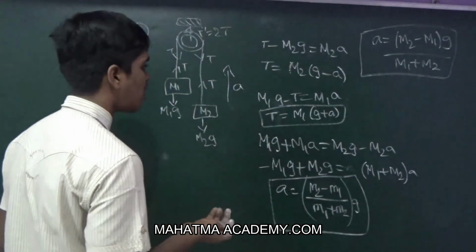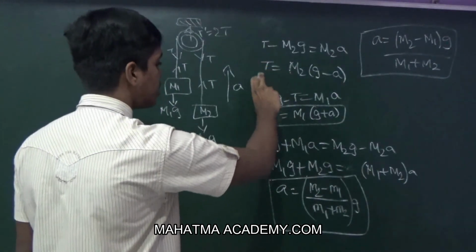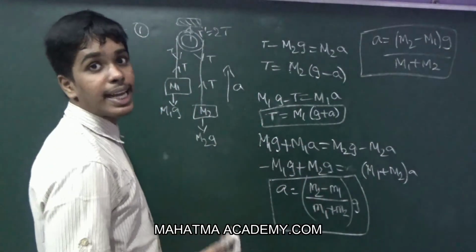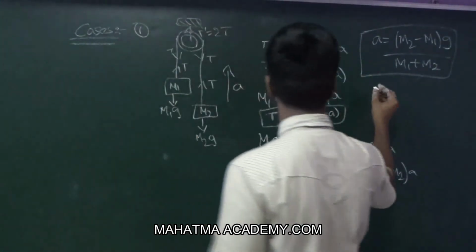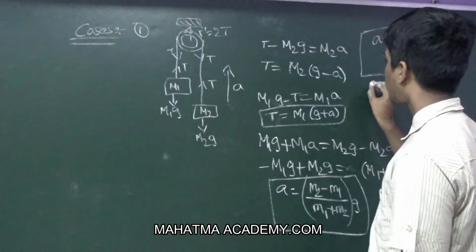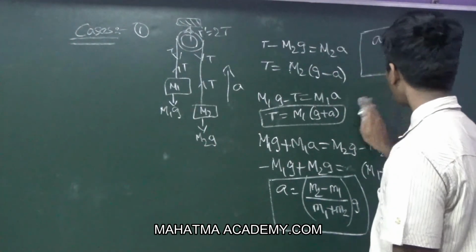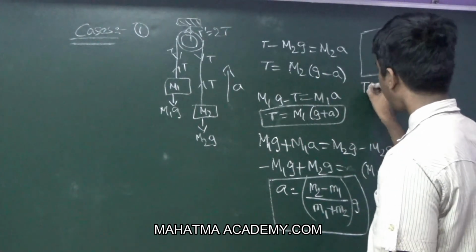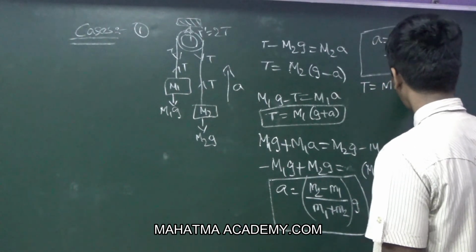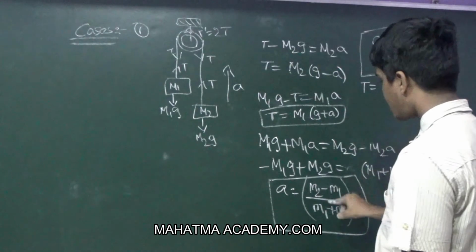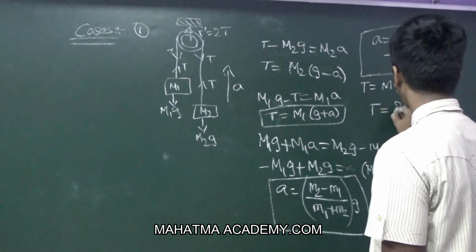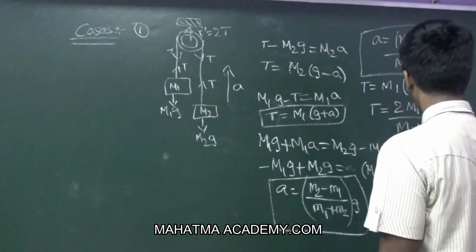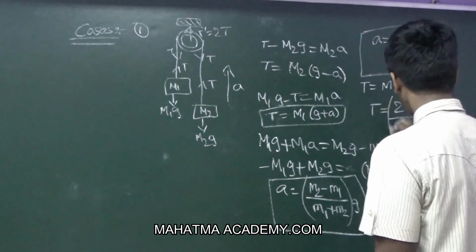Now we want to find the tension. T is equal to m1 into g plus a. If we substitute the acceleration here, we will get T is equal to 2m1 m2 upon m1 plus m2 into g.